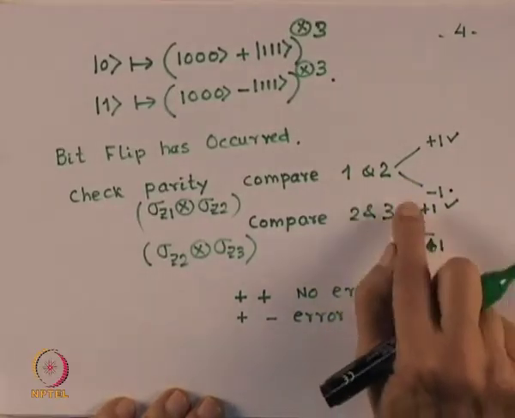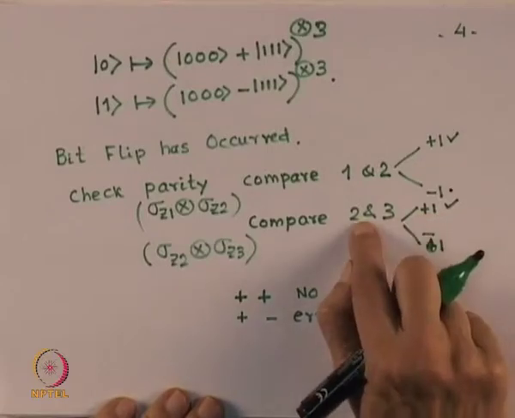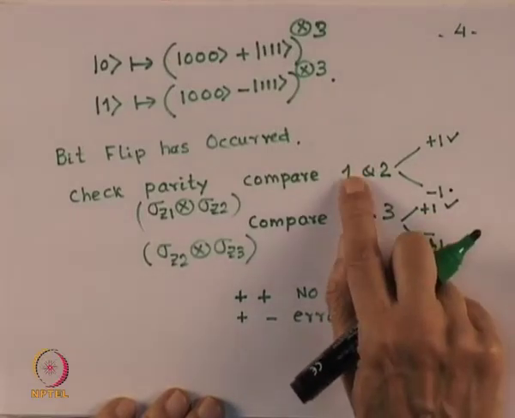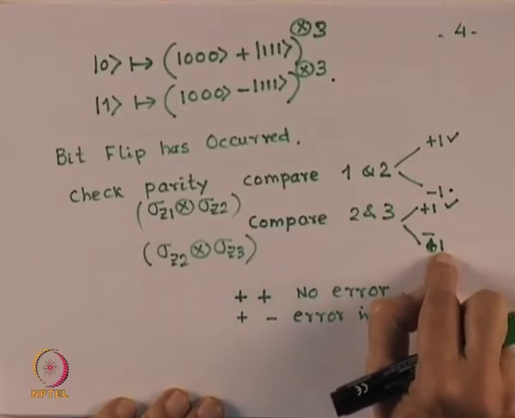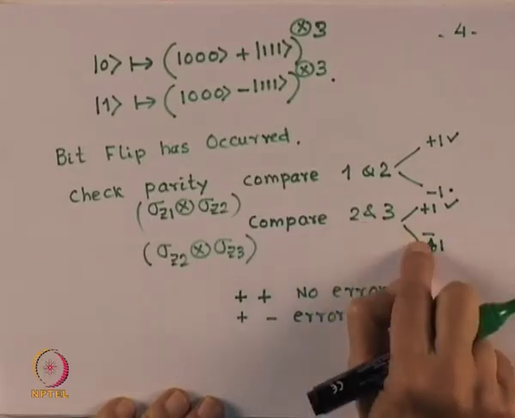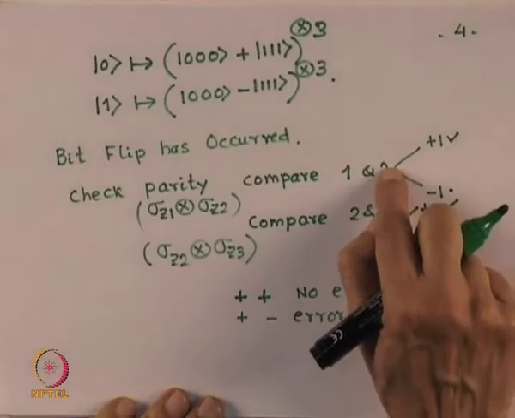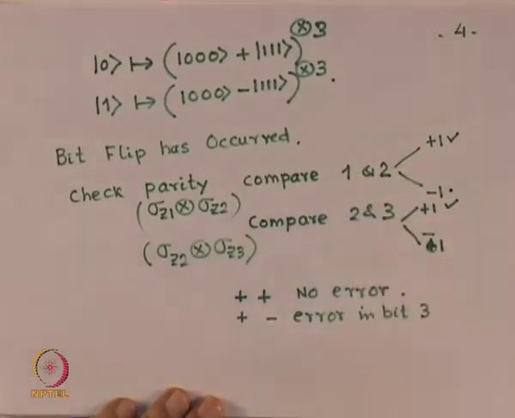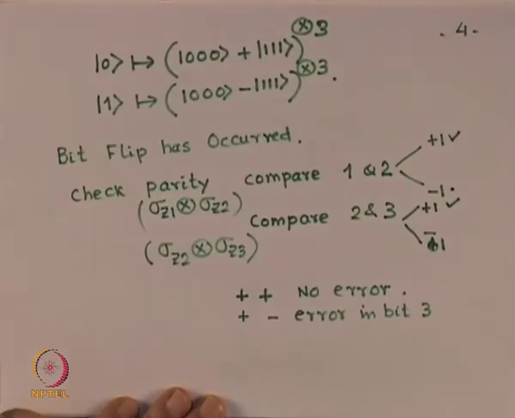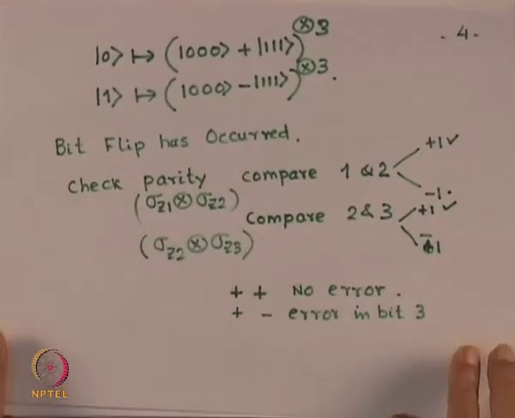But then if I have a +1 there, bit 2 doesn't have an error, and hence 1 must have had an error. But if I get a -1 there, then it means either 2 or 3 must have an error. And since from the first argument either 1 or 2 has an error, therefore 2 has an error. And likewise, I can find out if the error occurred in bit 3 or not.